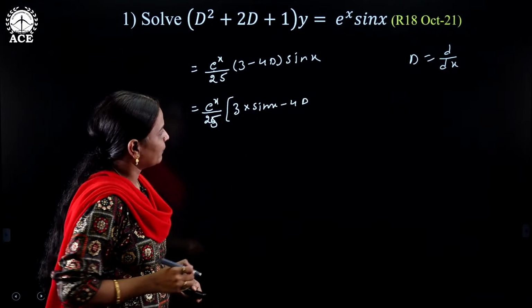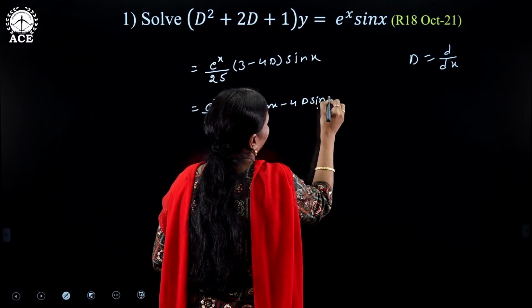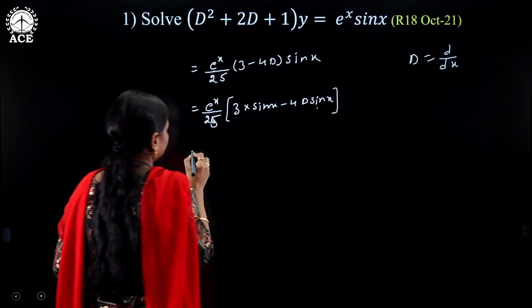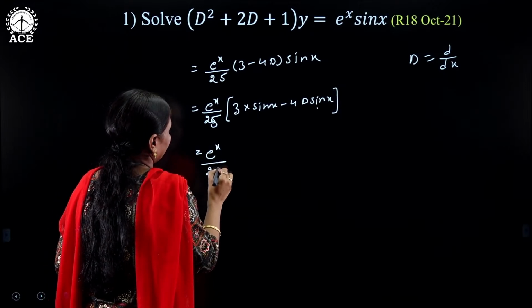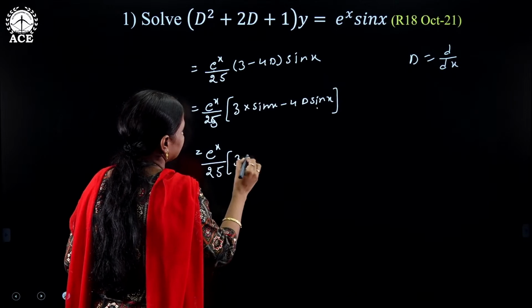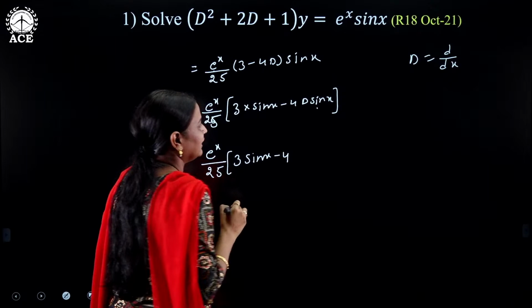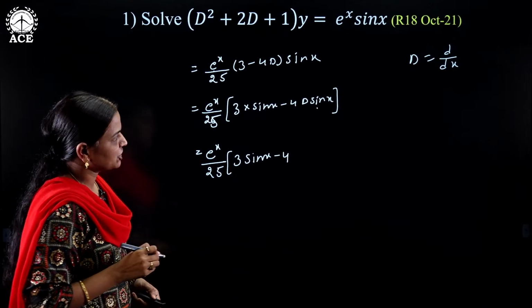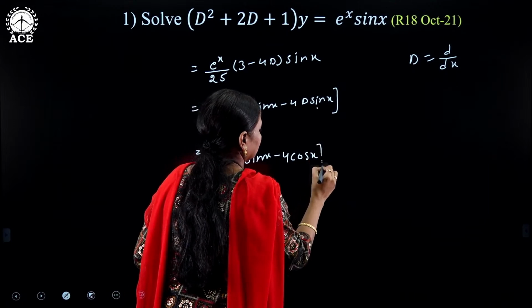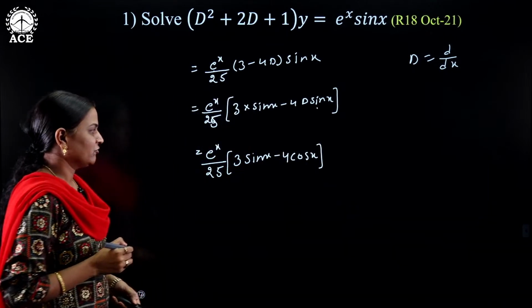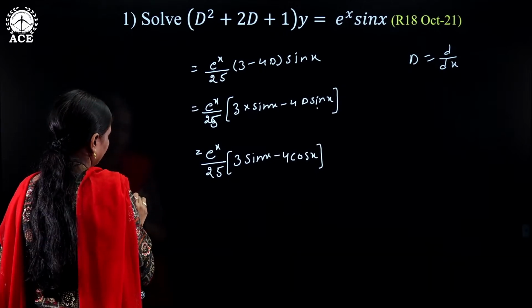So it is equal to e power x by 25 into 3 sin x minus 4 into differentiation of sin x. What is the differentiation of sin x? Cos x. So e power x by 25 into 3 sin x minus 4 cos x is the particular integral.